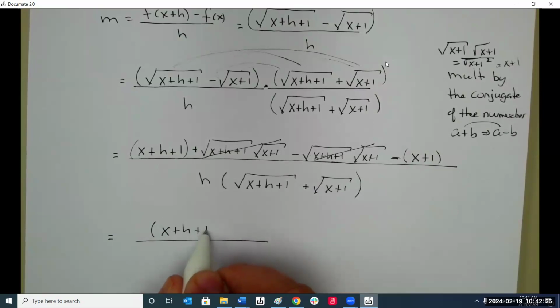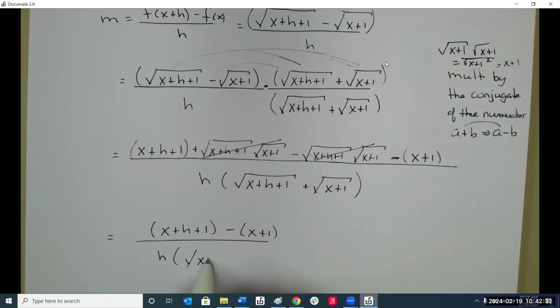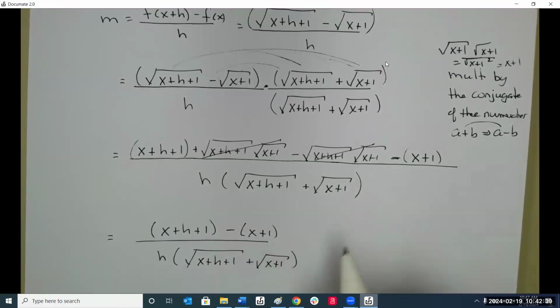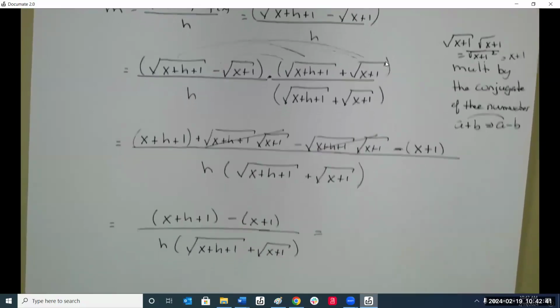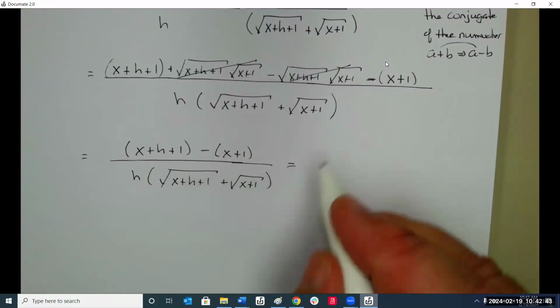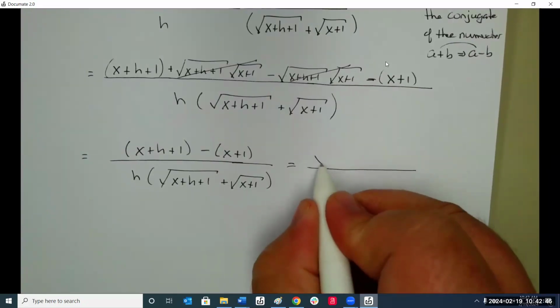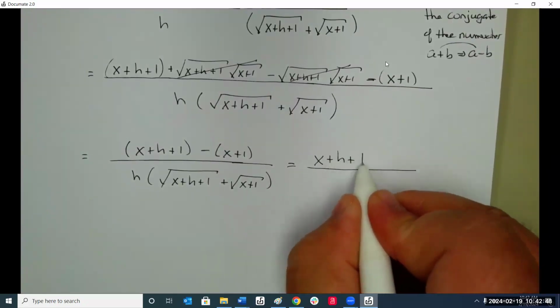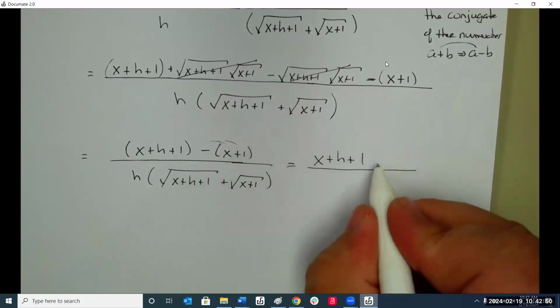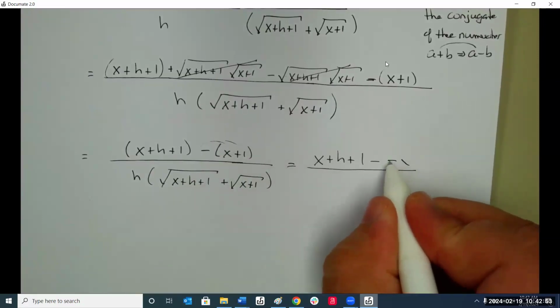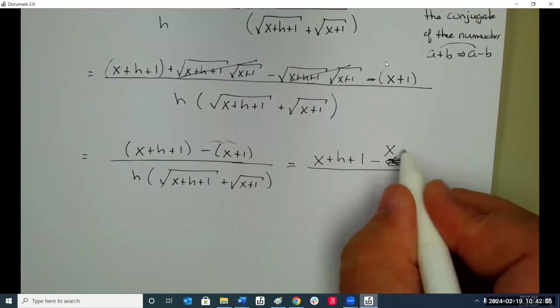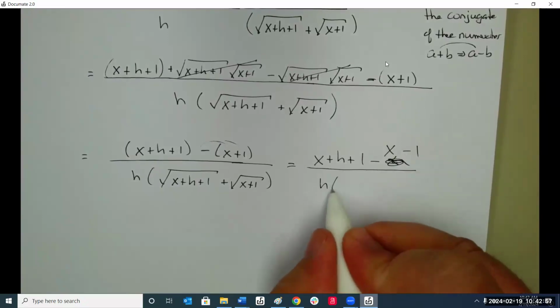X plus h plus 1 minus x plus 1. I don't need the parenthesis on the top one, so it's x plus h plus 1. This one distributes, so it's x minus 1 all over my denominator.